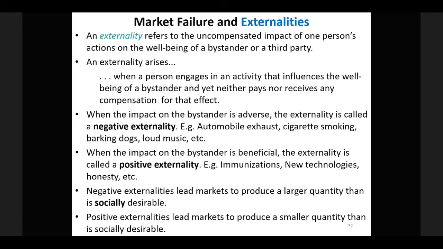Cigarette smoking, the research shows that if you stand by somebody who is smoking cigarettes, the person smoking inhales only 20%, but 80% goes out to those who are around. So that's clearly a negative externality there.